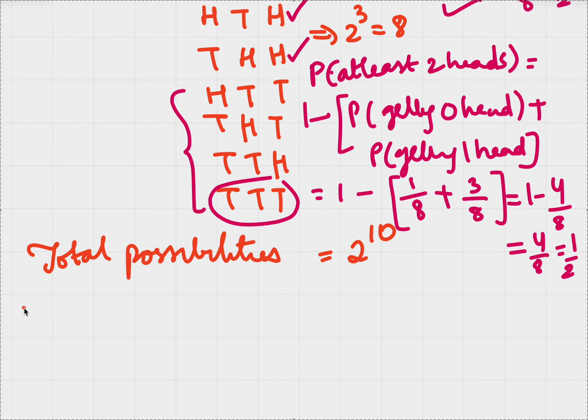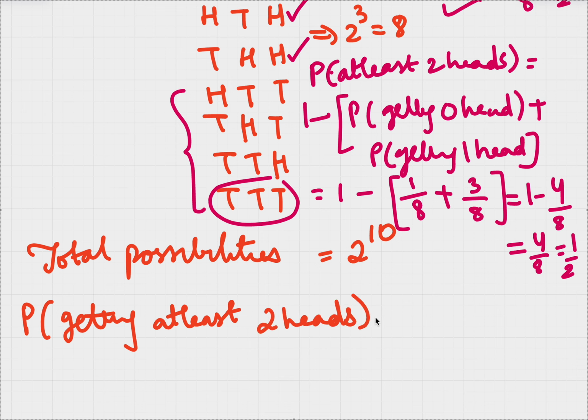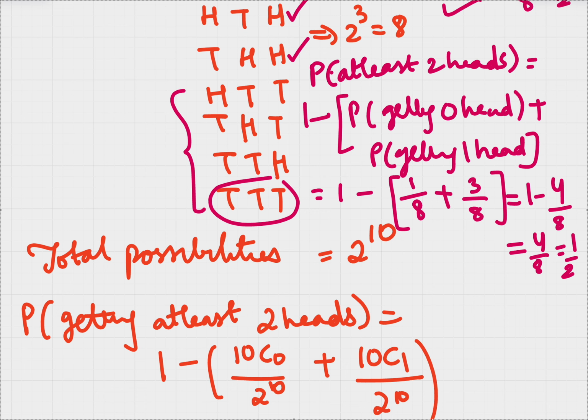Now for this question of 10 coins tossed, the probability of getting at least 2 heads will be equal to 1 minus, for 0 heads when 10 coins are tossed, 10C0 by 2 power 10, plus for getting 1 head it is 10C1 by 2 power 10.